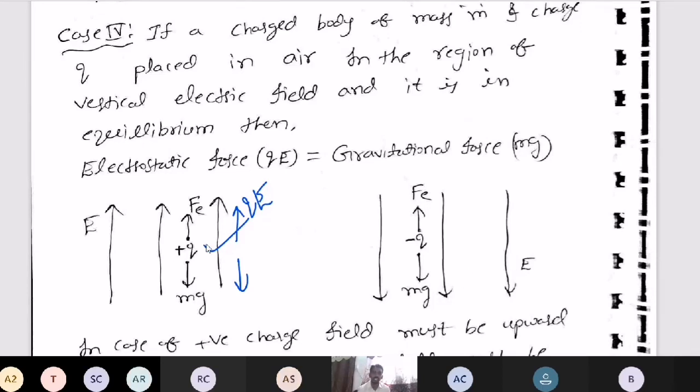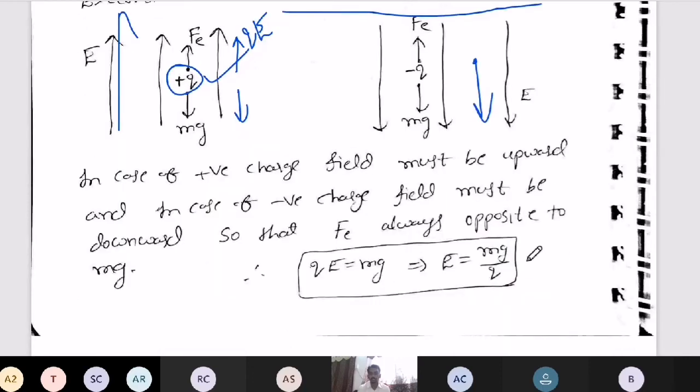That is possible when a positive charge is placed in an external upward field, and when a negative charge is placed in an external downward field. Then the field value is such that QE equals mg. So then the charge remains in equilibrium inside the air without any support. That is called equilibrium or balancing a charge in air with the help of an external electric field.